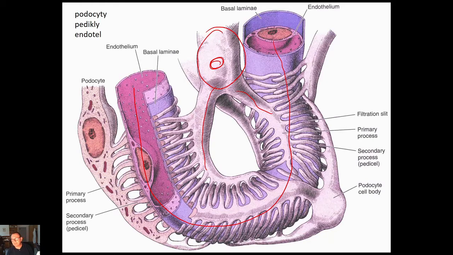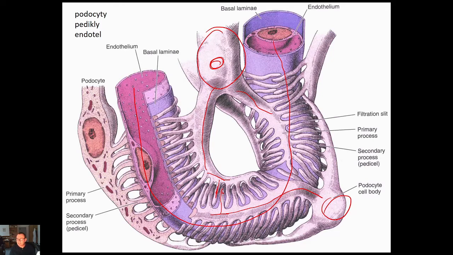And you can see that a pedicel from one primary process is in contact with a pedicel from another primary process, and this other primary process can be a branch of another podocyte body. So there are places where pedicels of two podocytes come to intercellular junctions.